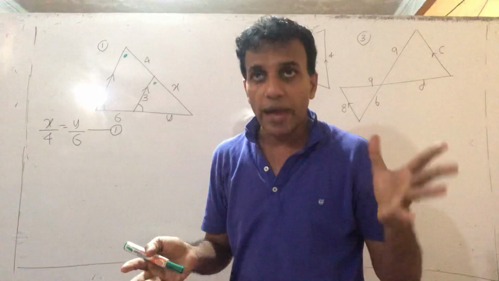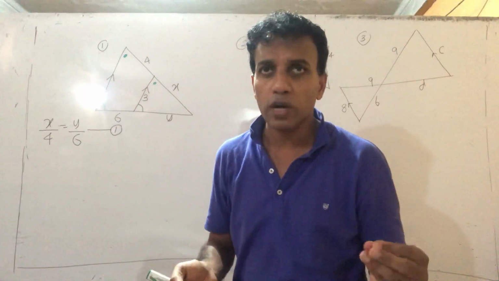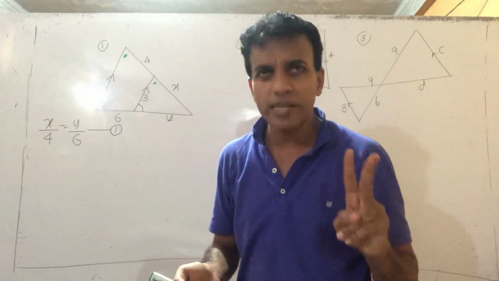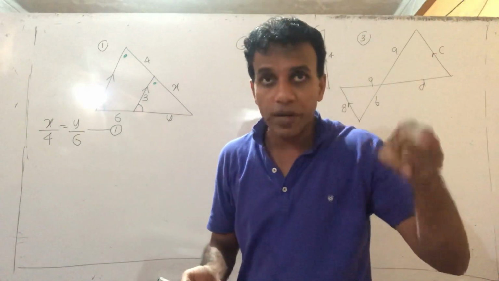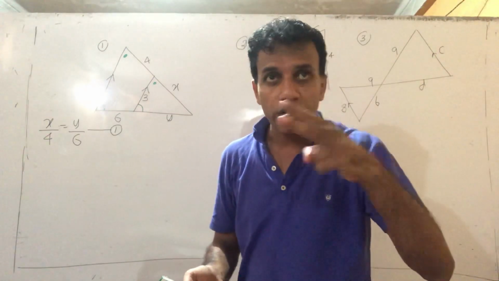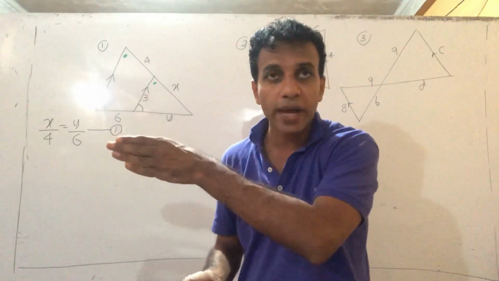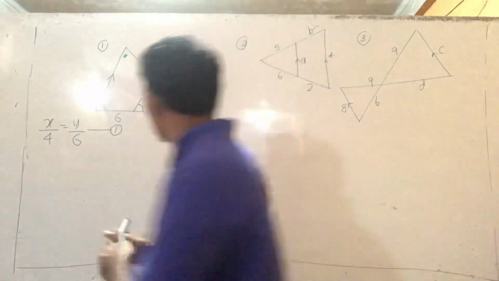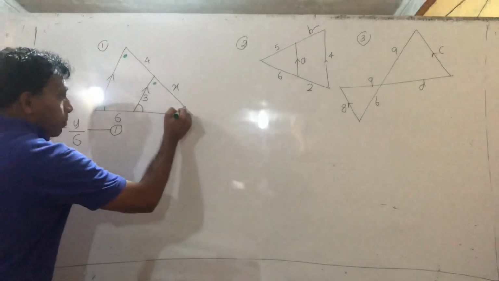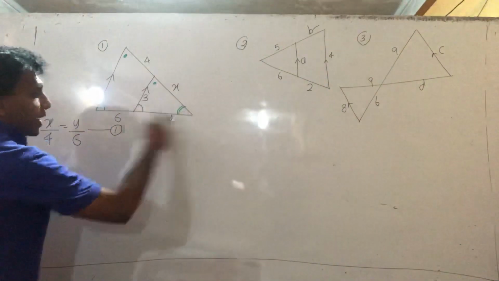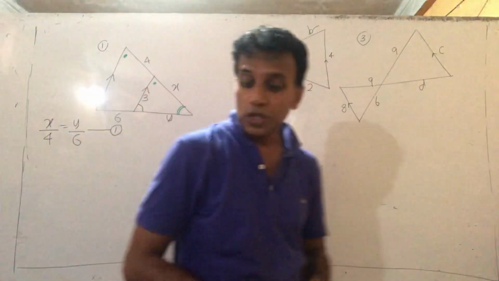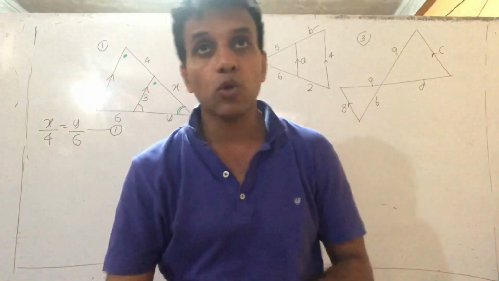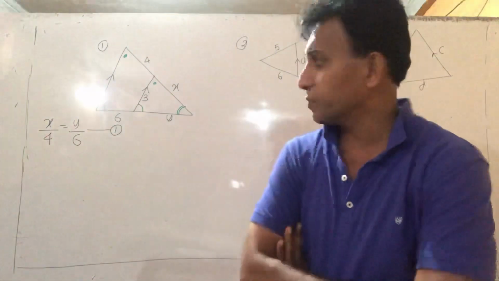If all three angles are equal, they are equiangular, but we don't need three angles, two is enough, because the third automatically becomes equal as the sum of all three is 180. Also this is a common angle, so the small triangle is equiangular to the large triangle.